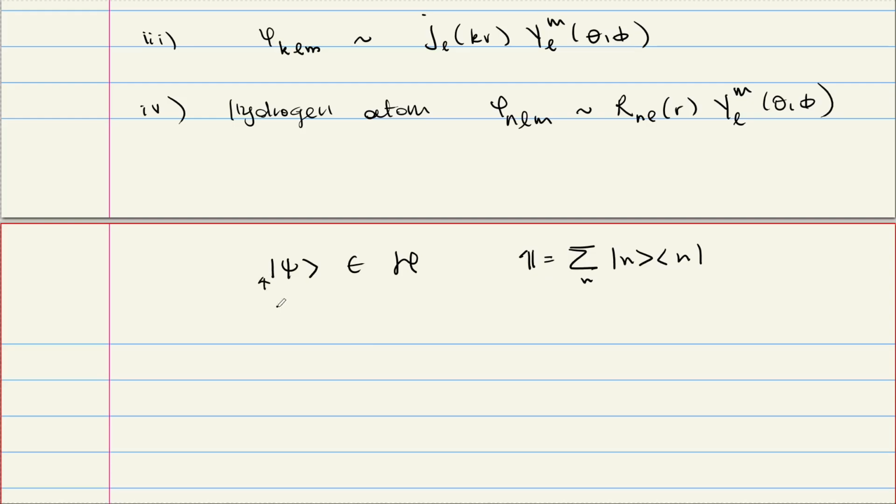I am going to put it here. So psi is equal to the sum over n of phi n times the projection onto psi, and this is what we call the expansion coefficient. Let me call it Cn. Any abstract vector in the Hilbert space can be written in terms of these basis vectors.